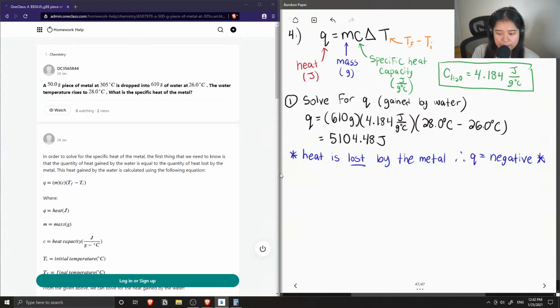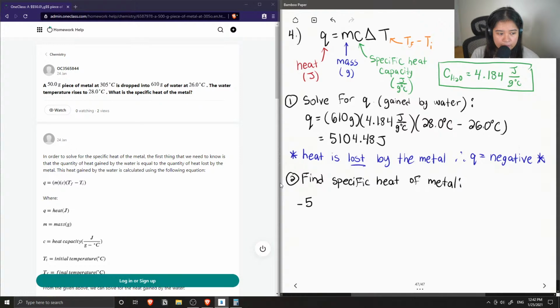So when we move on to step 2, which is finding the specific heat of the metal, it's going to have the same value of heat that was gained by the water, except this time its value is going to be negative.